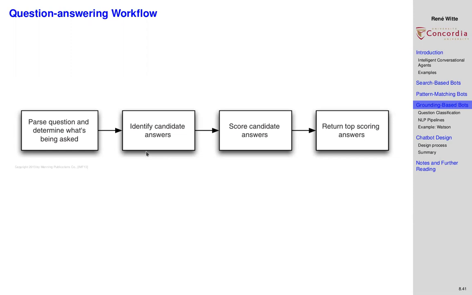In natural language, you always have ambiguity, so there are different ways of identifying the question and formulating queries. In many professional systems, you don't just generate one answer, you generate multiple possible answers. You score them, like I showed you earlier, possibly by comparing to the question. And then you return the top scoring answer as the output of your bot.